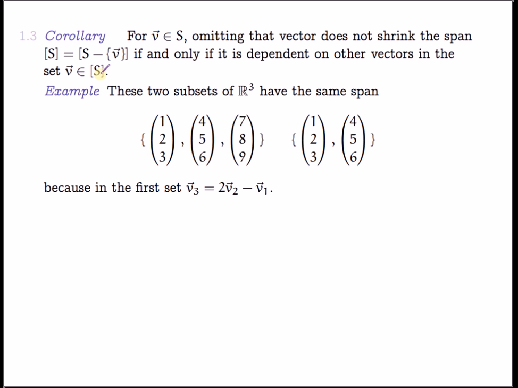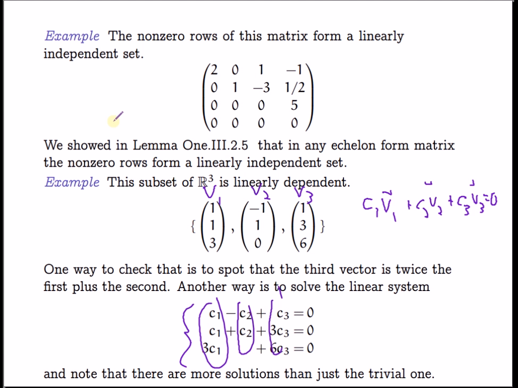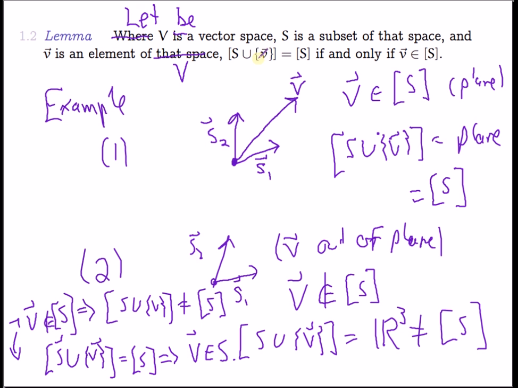Now this is a little bit confusing, the logic here, but if you look back at this statement, where we have the span of S union V equals the span of S if and only if V is in the span of S, we could replace this S union V with S prime. Then this S here is S prime minus V. If we do that, we actually end up with the same corollary.